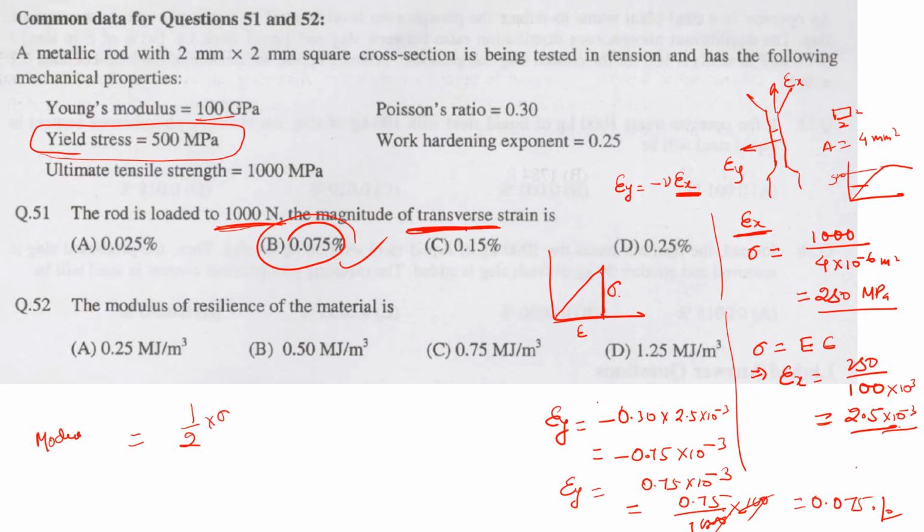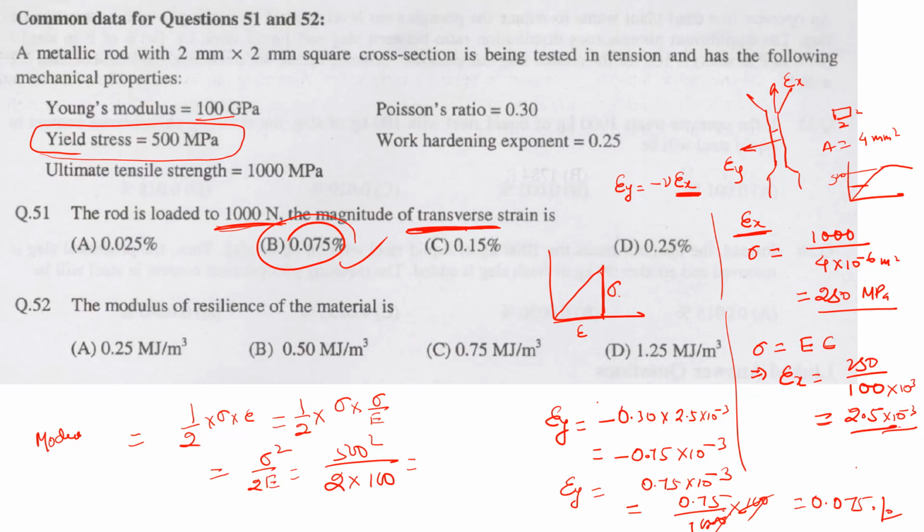So sigma into epsilon, and this epsilon you can also find as sigma by E, so we get sigma square by 2E. So sigma we know it is 500, then 2 into E, that is 100. So it will be comparatively easy, right?